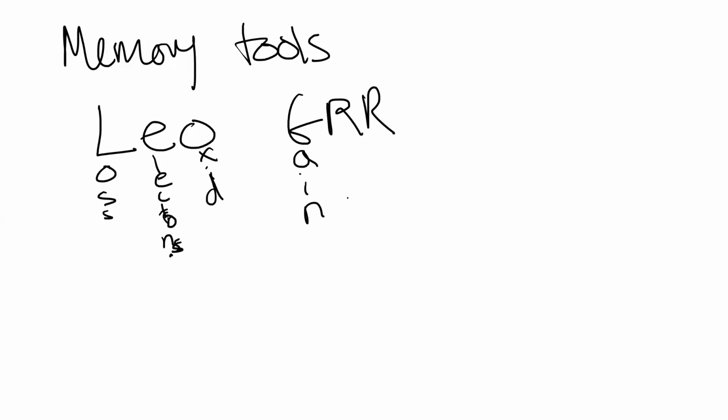Gain, actually that should be an E. Apparently the tiger says GER here. Guess they're French. Gain of electrons is reduction. Okay, so loss of electrons is oxidation, gain of electrons is reduction, LEO GER.